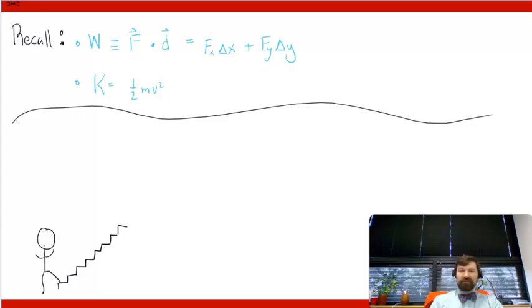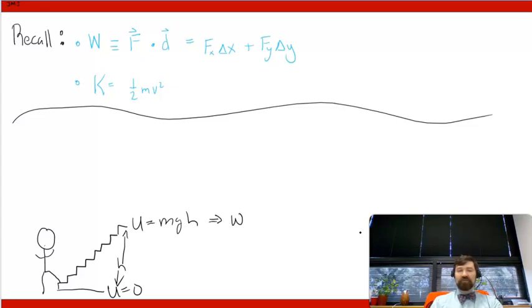After all, if I take this right here to be the u equals 0 level, then this is u equals mgh, where these stairs have a total height h, and this is the same number in both cases. mgh is the same number in both cases.